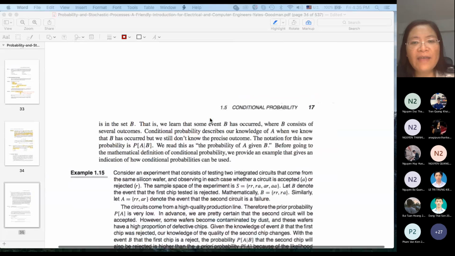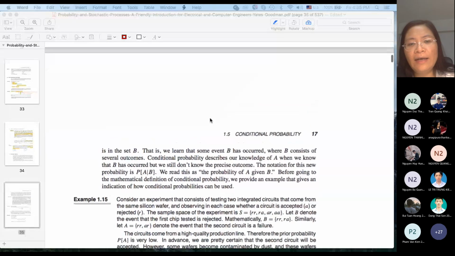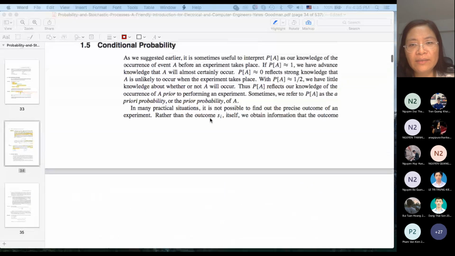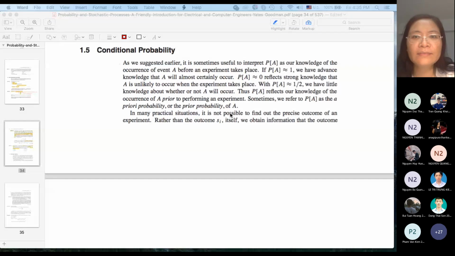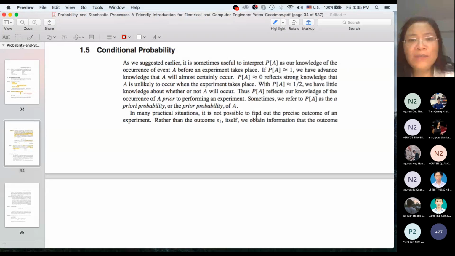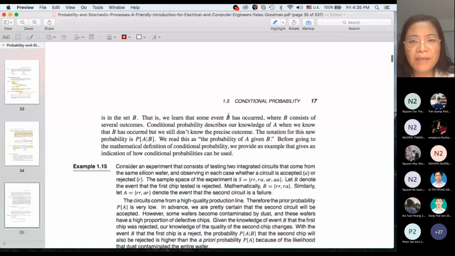Now we assume that the event B occurs. B has occurred.